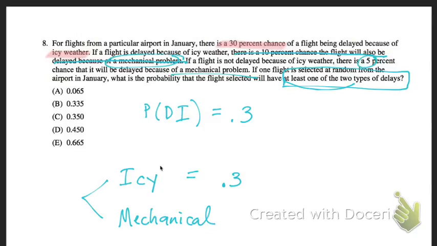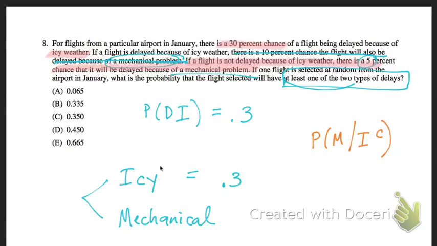So then the other scenario could be, so probability that it's icy is 30%. Now I need to find the probability of mechanical. So I'm going to use this sentence that says, if a flight is not delayed because of icy, then there's a 5% chance that it's because of mechanical. And so this is a conditional probability where it's the probability of mechanical given that it's not icy, so icy complement.